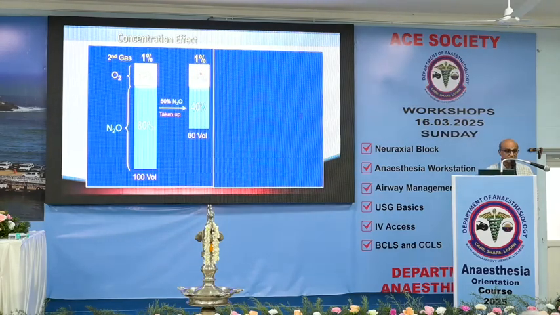The oxygen still remains the same, right? Because nitrous oxide was 20 times more soluble, most of the alveolar volume is lost because nitrous oxide has gone away. You have not changed the 1%. The 1% still remains because of its blood gas partition coefficient; it has not yet diffused across into the blood.